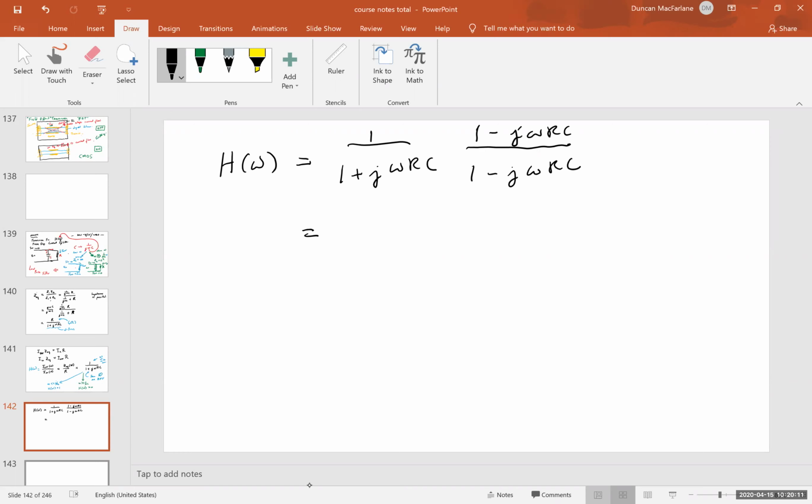And so this is equal to 1 minus j omega RC over 1 plus omega squared C squared R squared.